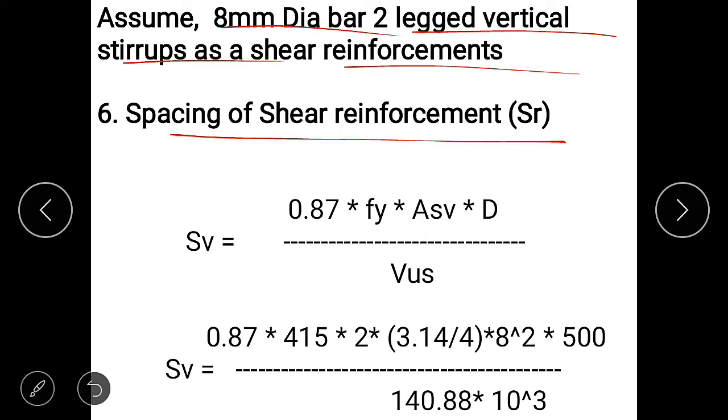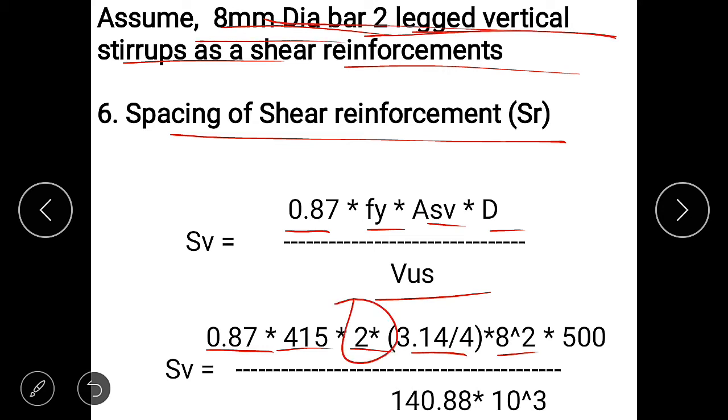Now assume 8 mm diameter two-legged vertical stirrup as the shear reinforcement. So spacing of shear reinforcement: the formula is 0.87 Fy into ASV into D divided by VUS. 0.87 Fy is 415. ASV means 2 bars of pi by 4 into diameter 8 square, two-legged, 8 mm diameter.